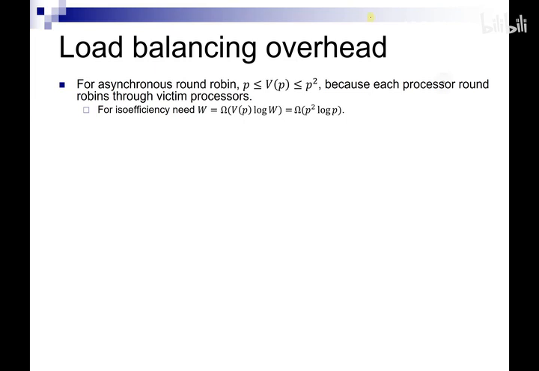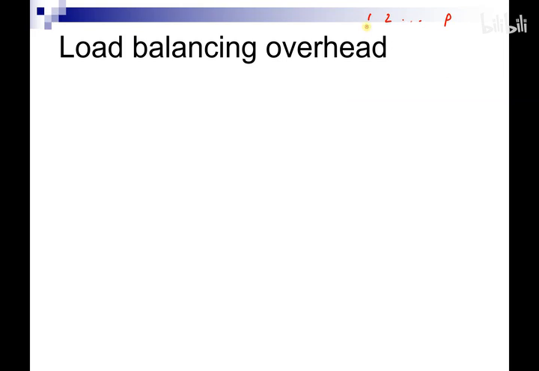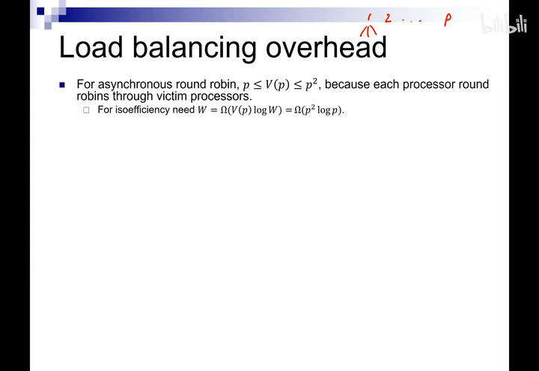For example, let's say that you have these processes, so you have process p. For the asynchronous round robin, every process picks its victims independently. So it could be that initially, all of us pick this guy as our victim. Then next, we round robin through all the processes, so we all pick this guy as a victim, and so on.